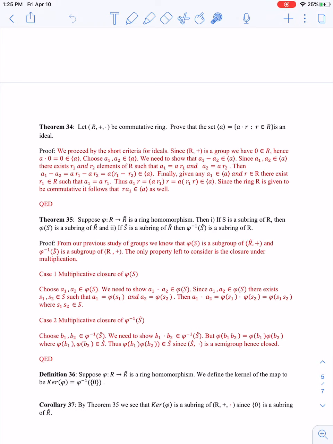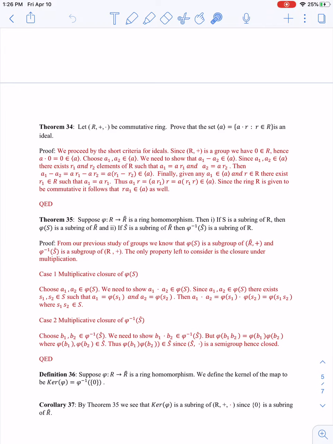So what have I shown? I've shown that A1 times A2 can be written as phi of something in S. That's exactly what it means for A1 times A2 to be in phi of S.